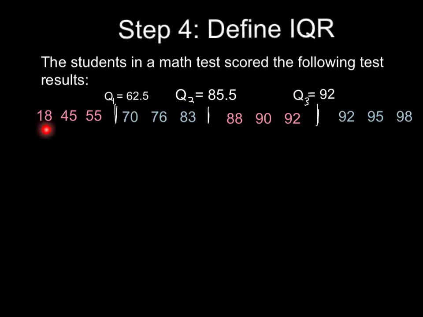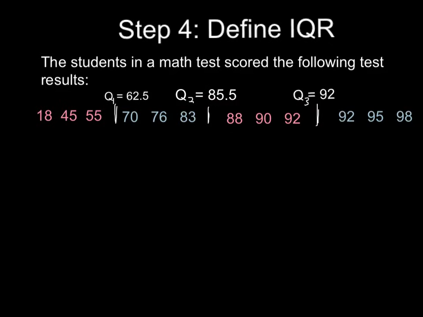If this lower piece is the bottom 25%, then this is the second 25%, or this is the lower 50%, this is the lower 75%, and then the 100%. Likewise, you could also say upper 25%, upper 50%, upper 75%. But usually when we're looking for information, we'll talk about the middle 50% of the data.